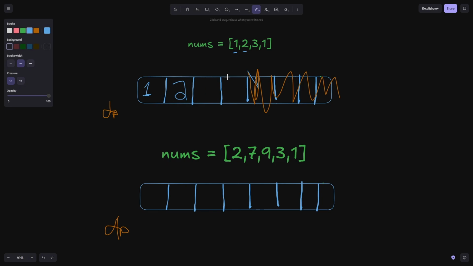Okay. Now that's kind of like our setup, right? Those first two houses. Beyond that, we're going to reuse these previous values to do our calculations, which is basically a comparison.